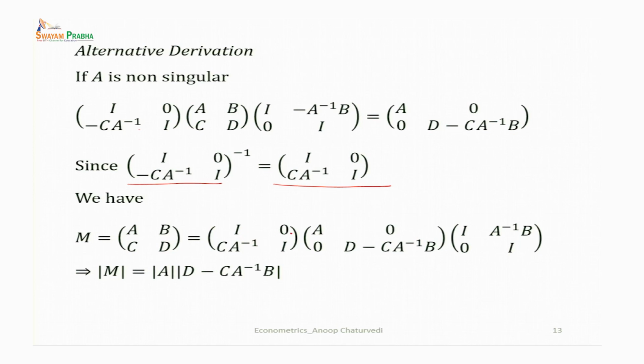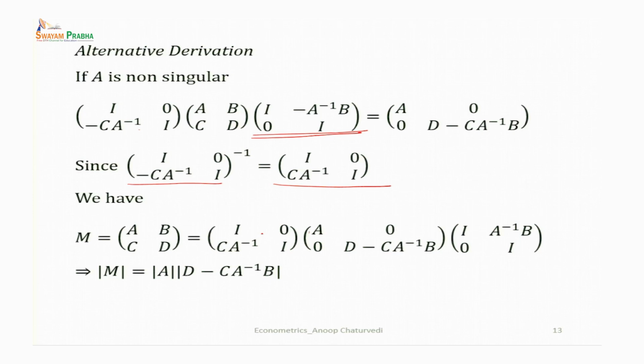So, you have I, 0, C A inverse, I, you take inverse of this matrix, then in between you have this matrix, and then you take inverse of this matrix, which is equal to I, A inverse B, 0, I. Now, from here we obtain determinant of M equal to, determinant of this first matrix is 1, because in the diagonal you have all the elements equal to 1, and the matrix is actually a triangular matrix.